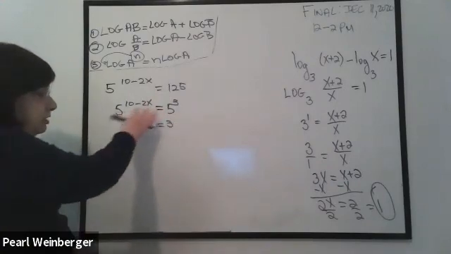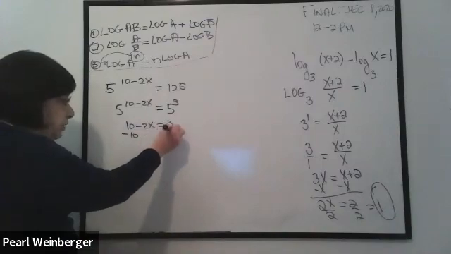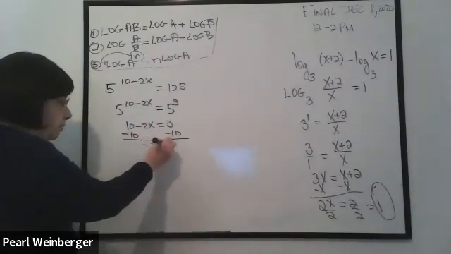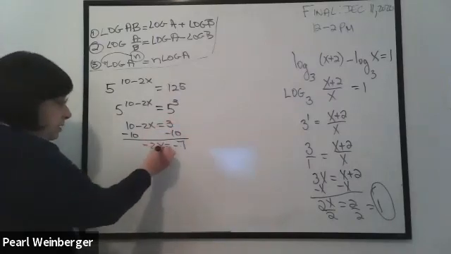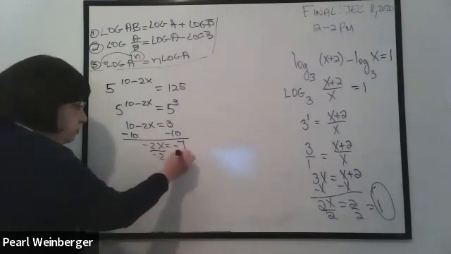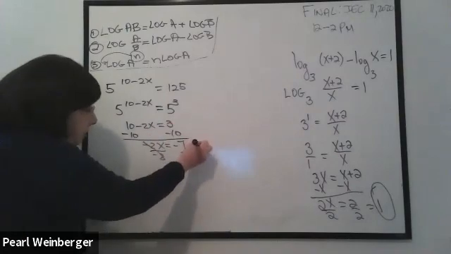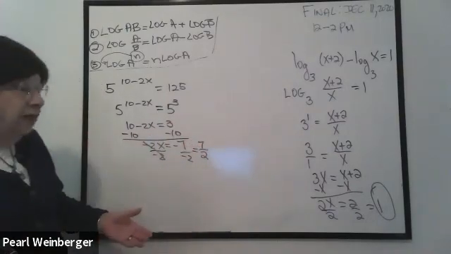And then you just solve this equation, which is not a hard equation. You bring the 10 to the other side. You get negative 2x equals negative 7, and 3 minus 10. Divide both sides by negative 2. And a negative over negative becomes positive. And it turns out your x turns out to be 7/2.